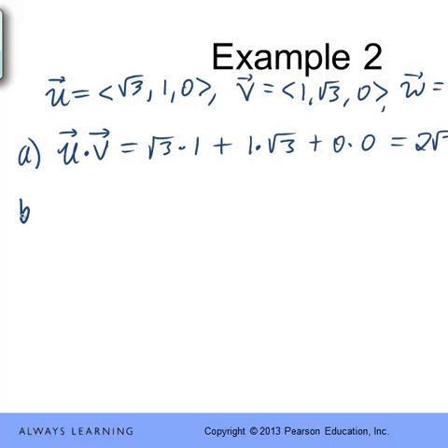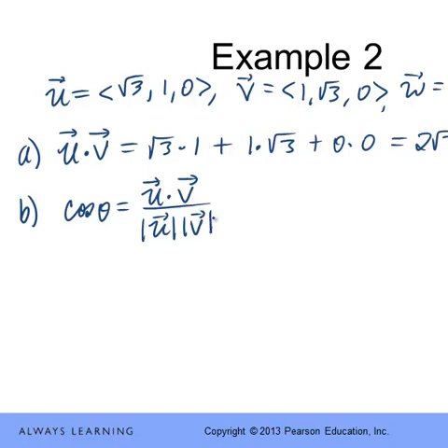Find the angle between u and v. I know that the cosine of the angle is going to be u dot v divided by magnitude u times magnitude v. Now u dot v is 2 root 3. Magnitude u, well, the square root of what? Root 3 squared plus 1 squared is going to be 2.